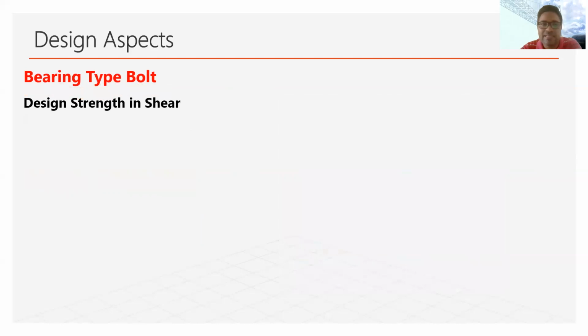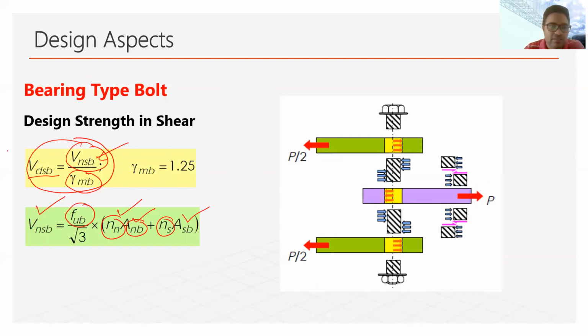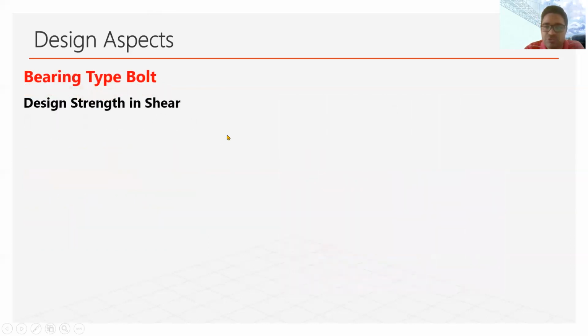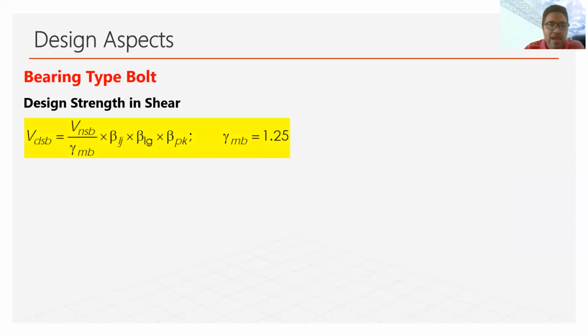But as I mentioned, this formula will be applicable if we are calculating the shear strength of a single bolt. But if we have multiple bolts in a joint, which is the normal and practical case, in that case this strength is reduced because of some factors, and the formula becomes like this.